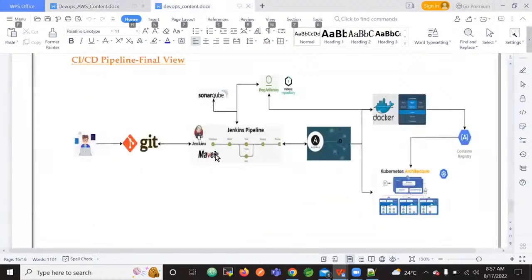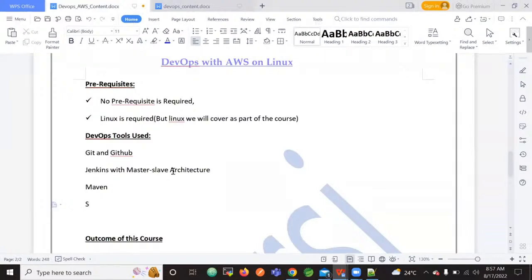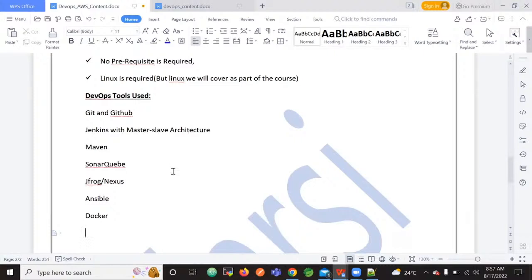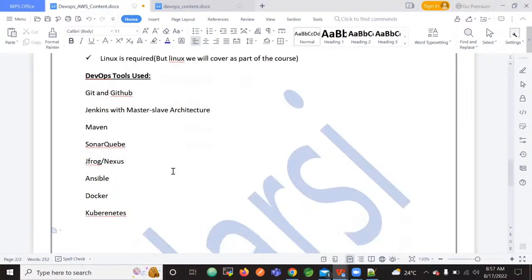If you can see this, Maven. Then SonarQube. Then JFrog or Nexus Artifactory. Then Ansible. Then Docker. Then Kubernetes. Then Grafana and Prometheus.